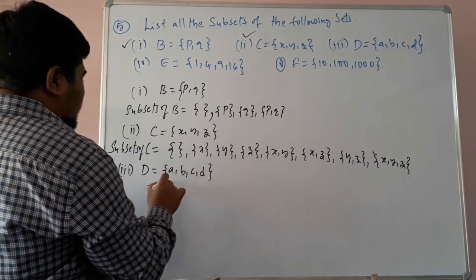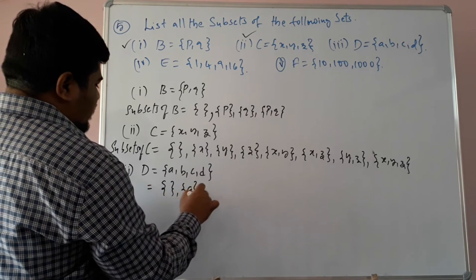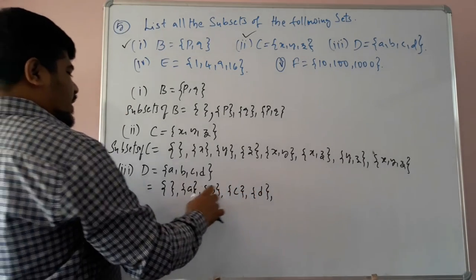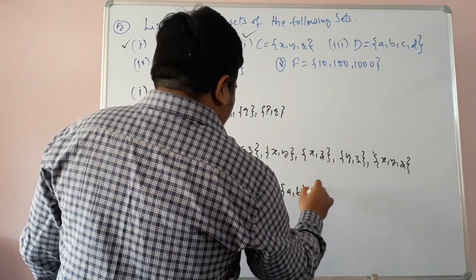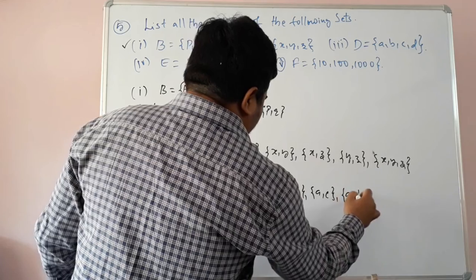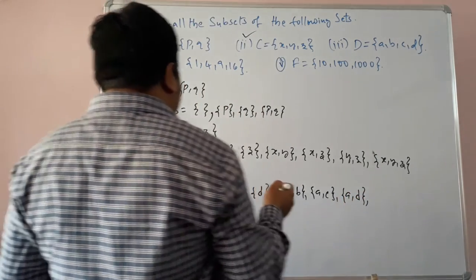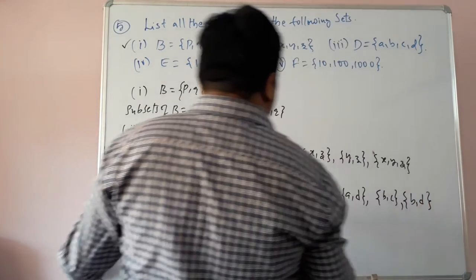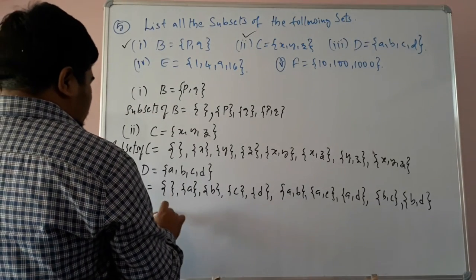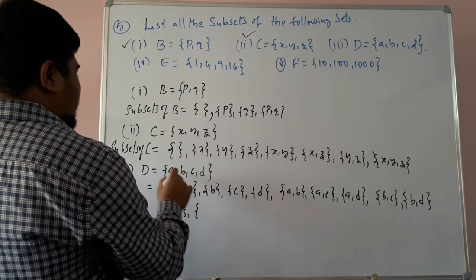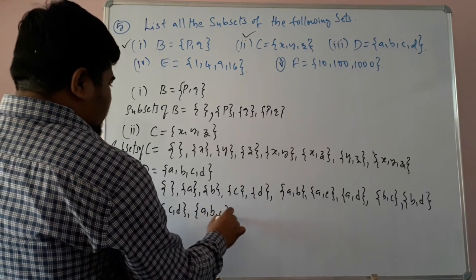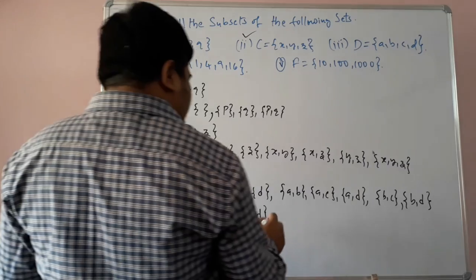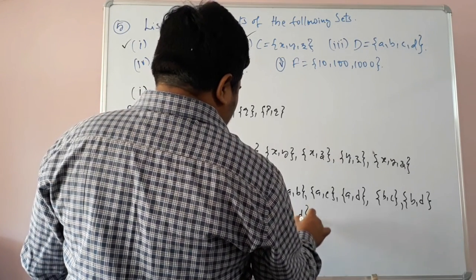So the subsets are the empty set, set A, set B, set C, set D. Okay, A B, A C, A D, B C, B D, and C D, ABC, ACD, BCD, okay, B comma C comma D also.